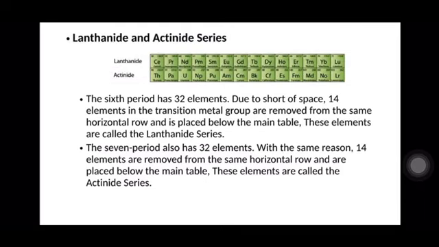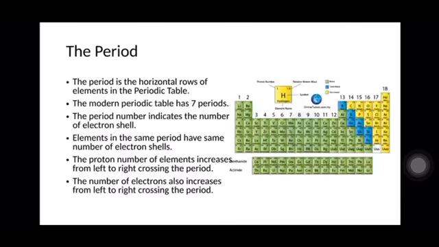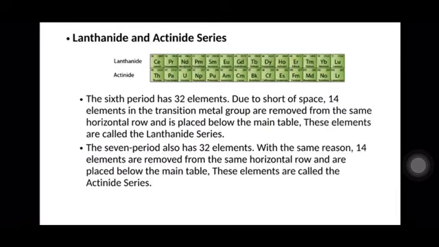So in period 6, where is period 6? Starting with cesium, right? Actually there are many more elements in there. It has 32 elements overall. But due to the shortage of space, the 14 elements in the transition metals, which are in between group 2 and group 17, we remove from the horizontal row and place below the main table.